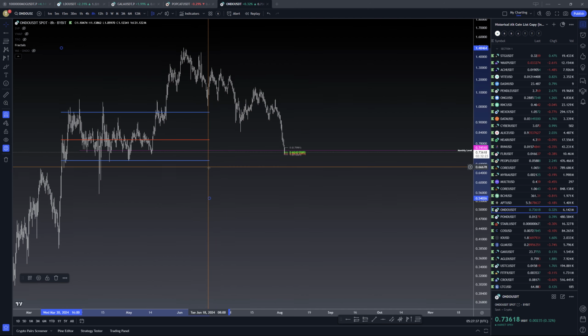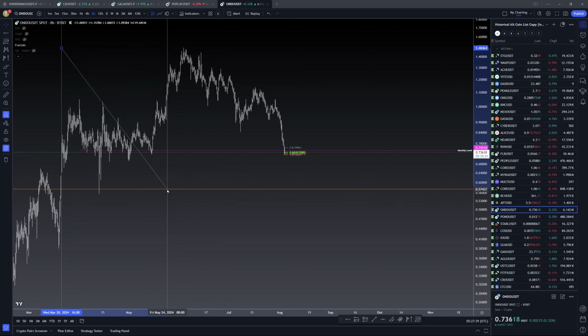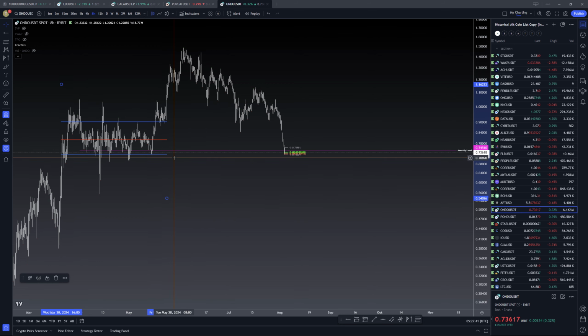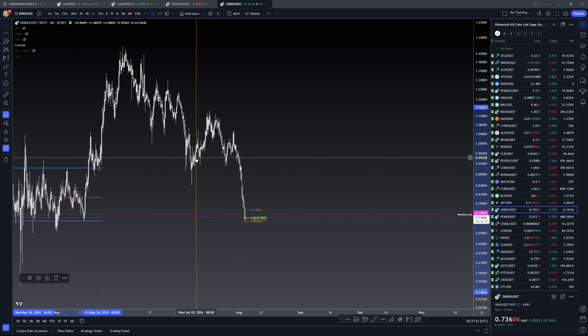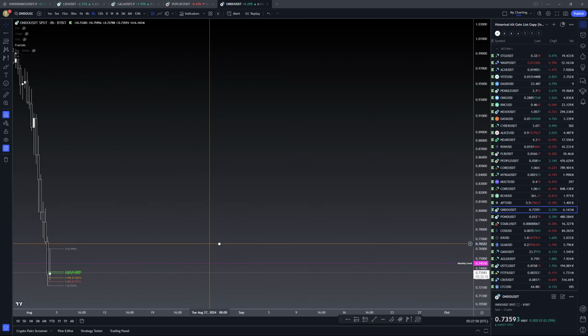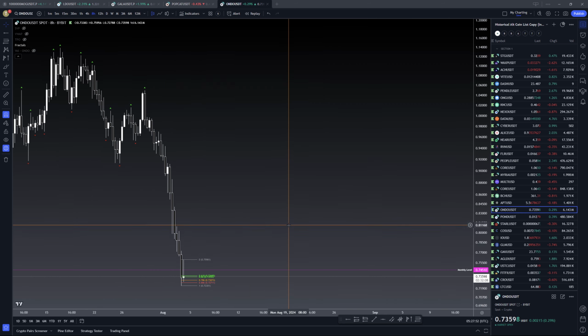I know we wouldn't include any of this in the range. It currently has bounced up, but look, just briefly.